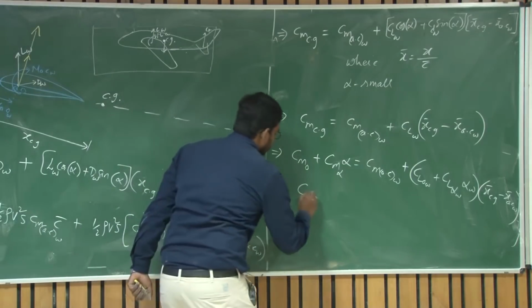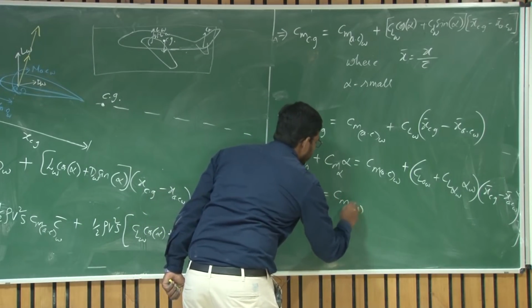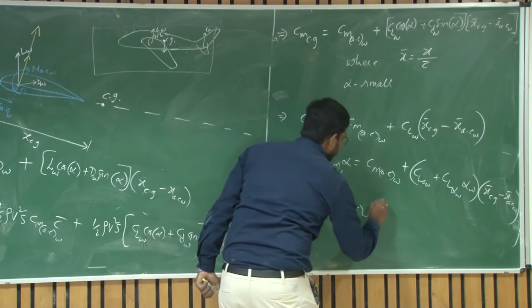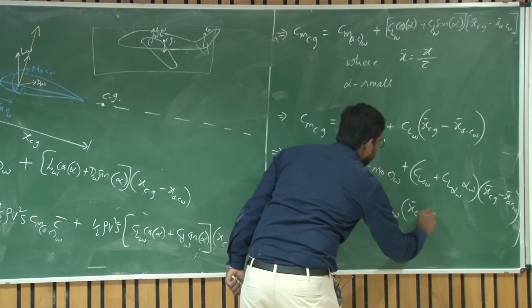So the Cm naught of this aircraft is CMAC of wing plus CL naught of wing into x bar CG minus x bar AC of wing.